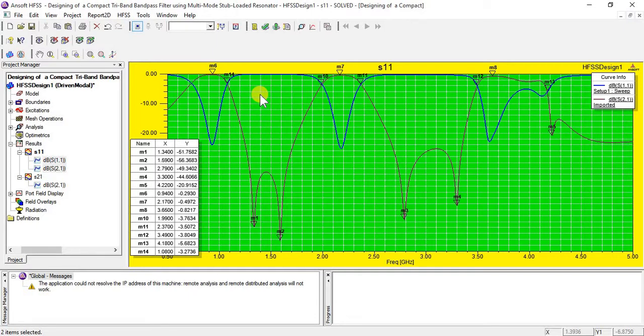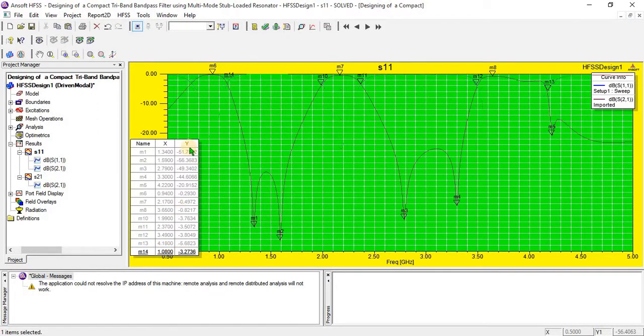Now I am going to tell you why we take fractional bandwidth at -3 dB. Here you can see that these two graphs touch each other at -3 dB. This is M14. Here you can see that M14 is almost at -3 dB on the y-axis.